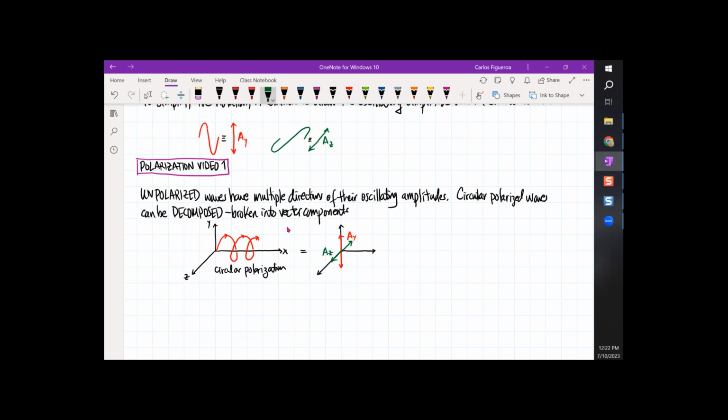And if I look at this from the front view of this situation, what I see here is that I'm actually seeing this go in a circle.